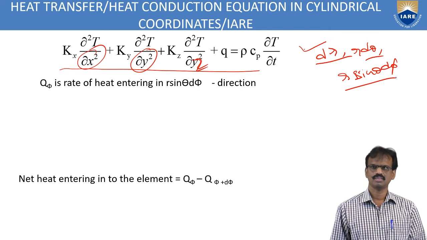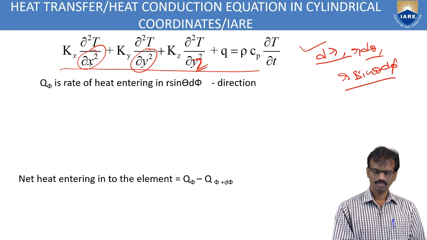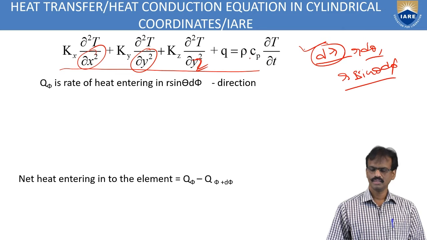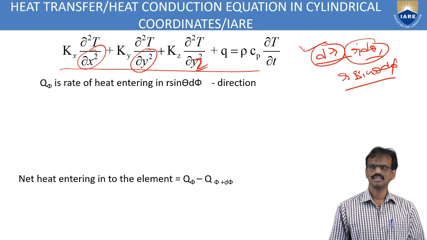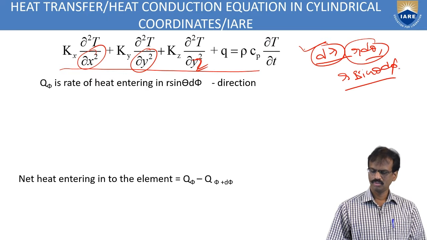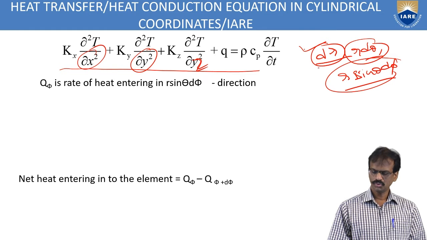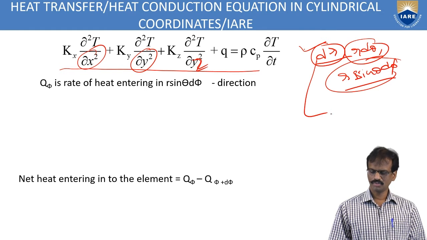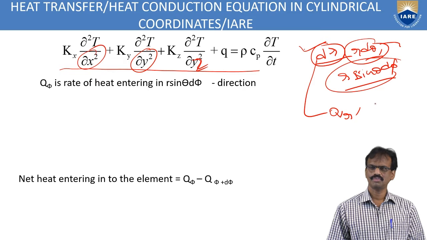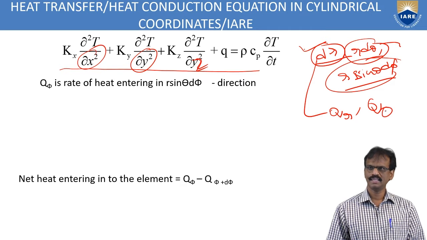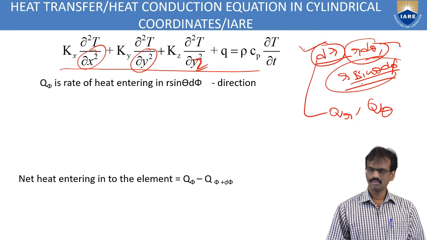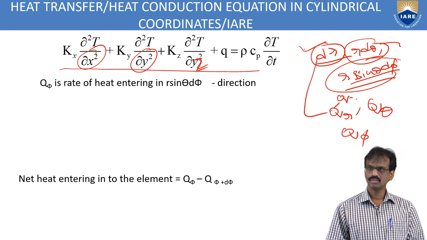These surfaces you have to construct. Like dx, you construct dr; like dy, you construct r d theta; like dz, you construct r sin theta d phi. The first shows the rate of heat transfer with respect to r, the second with respect to theta, and the third with respect to phi, q phi, like qx, qy, qz.